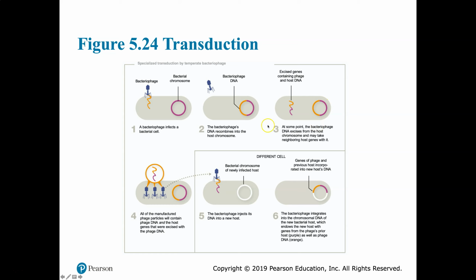Then, at some point, the phage DNA is cut out from the host chromosome, but when cutting that piece out, or excising the phage genes, sometimes they accidentally take some of the host genes with them. They don't just have phage genes, they also have bacterial genes.